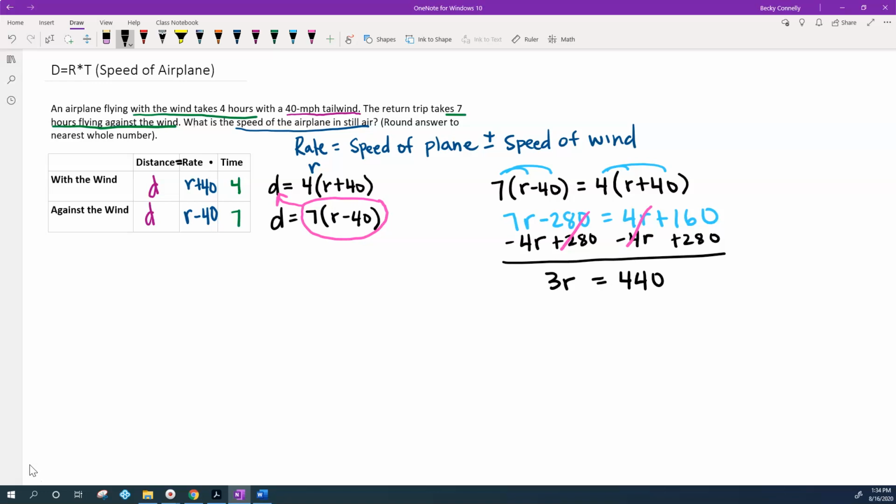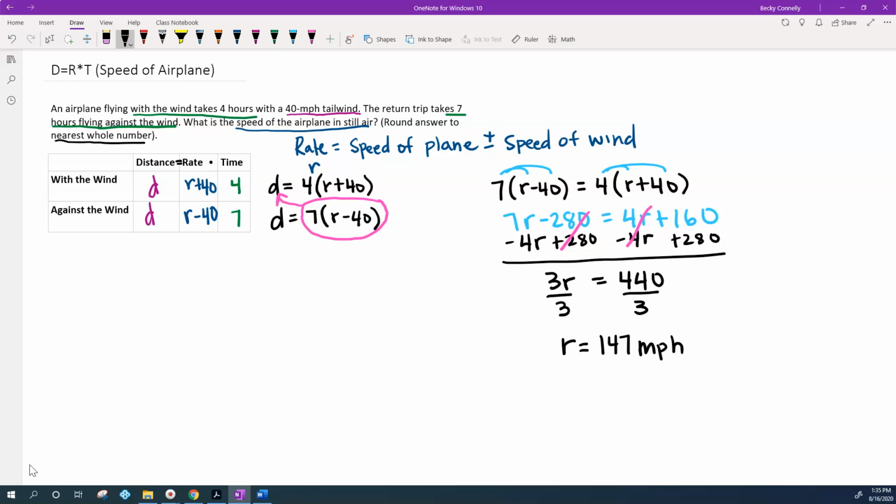Okay. And then I need to divide by 3 to get the R by itself so I can figure out this. Remember, this R stands for the rate of the plane, right? And when I put this into my calculator, I get a decimal answer, but remember to always go back up to the original question and find out where we need to round that answer to. So when I do that, I'll get R equals 147 miles per hour.